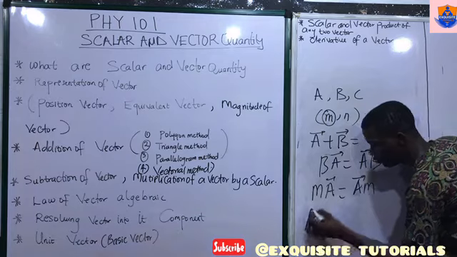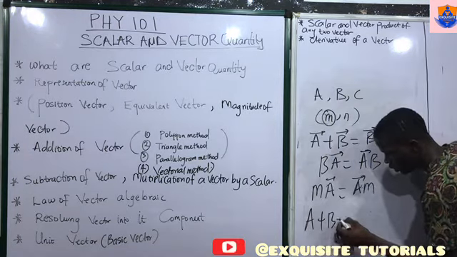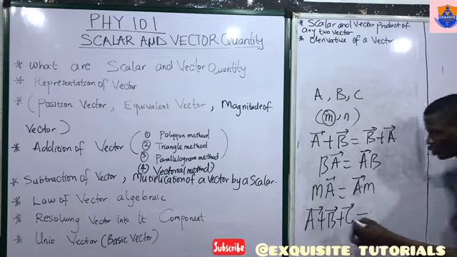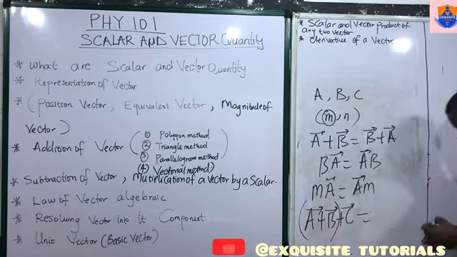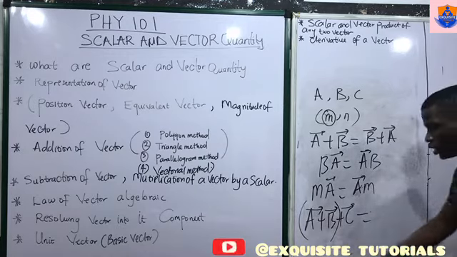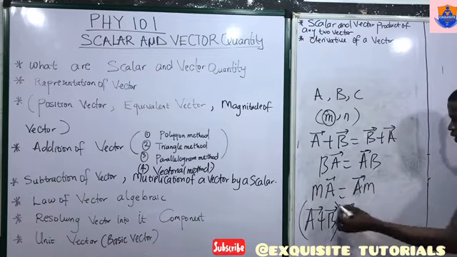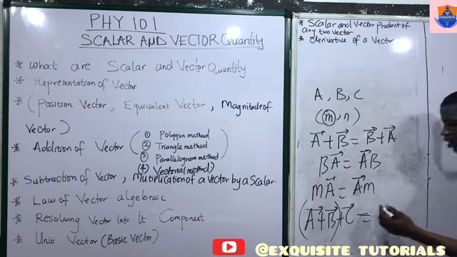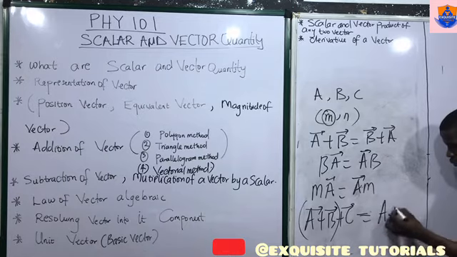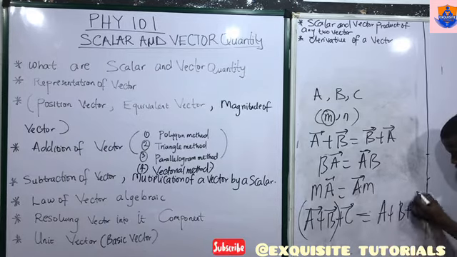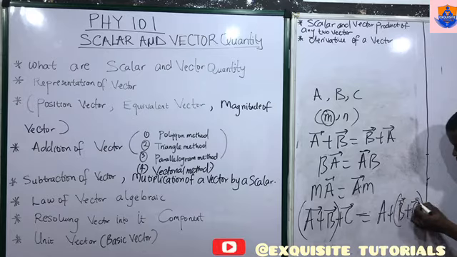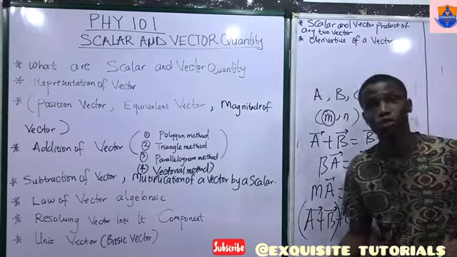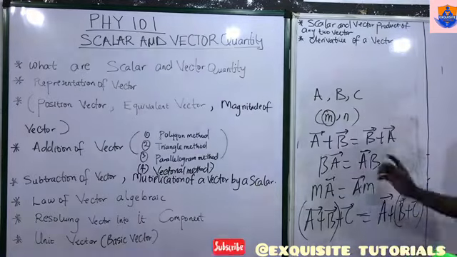Then associative: vector A plus vector B plus vector C. You are adding these 3 vectors to show that it is associative. Our A plus B, adding it together, then adding it again to your C, will give you A plus B plus C. Adding these 2 together separately, then adding it to your A. That tells you that any vector is definitely associative.